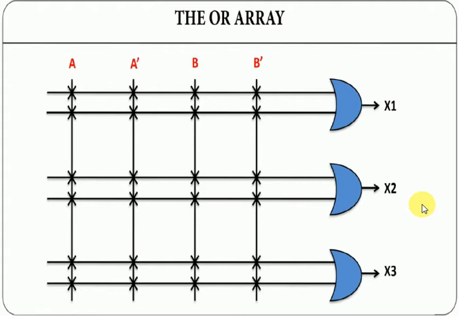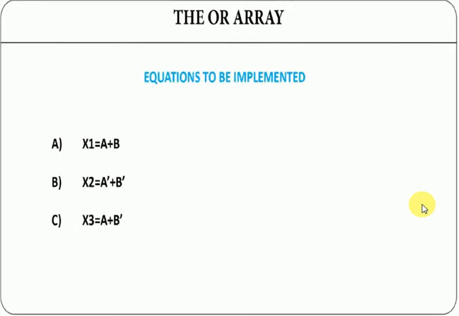This is the structure of OR array. In OR array, we will have more than one OR gate. We have to implement the following equations: x1 equal to a plus b, x2 equal to a bar plus b bar, x3 equal to a plus b bar.